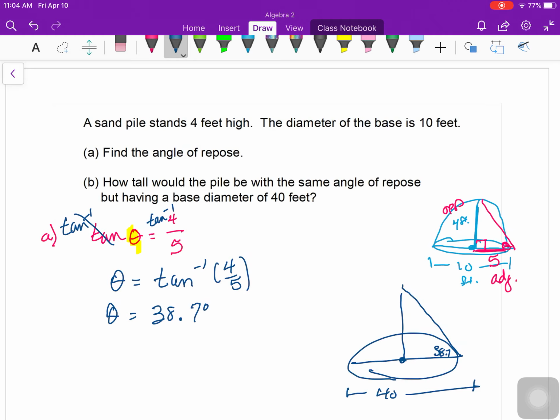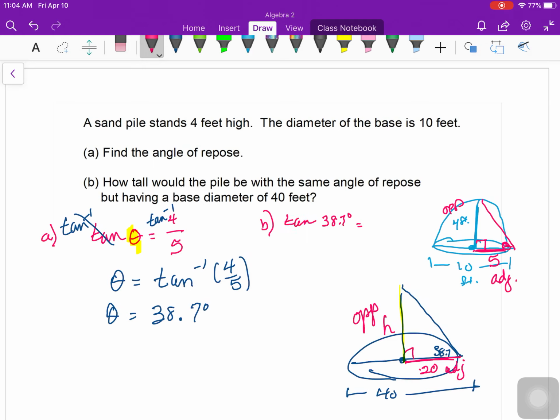We want to know how high is this pile. This length would be 20. So again, I'm going to start with my angle, 38.7 degrees. This H is my opposite. This 20 is my adjacent.